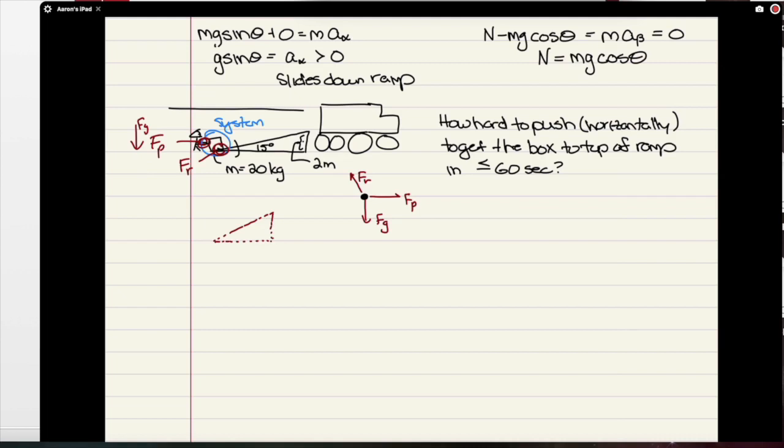So if this is the ramp, drawn much too steep, the coordinate system I might use is parallel to the ramp and then perpendicular to the ramp. And I will call this beta and alpha again. This time I will have alpha represent going up the ramp, and beta will again represent moving off the surface of the ramp.